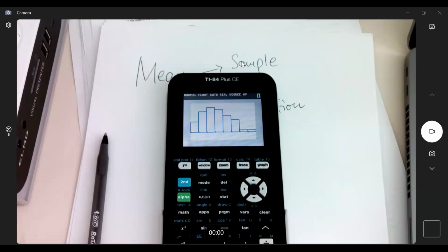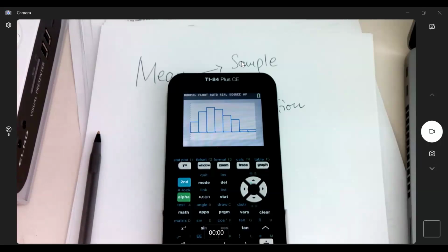Once you find your histogram, let me know in the chat. Any difficulty, feel free to ask. Good job, Selena Martinez.